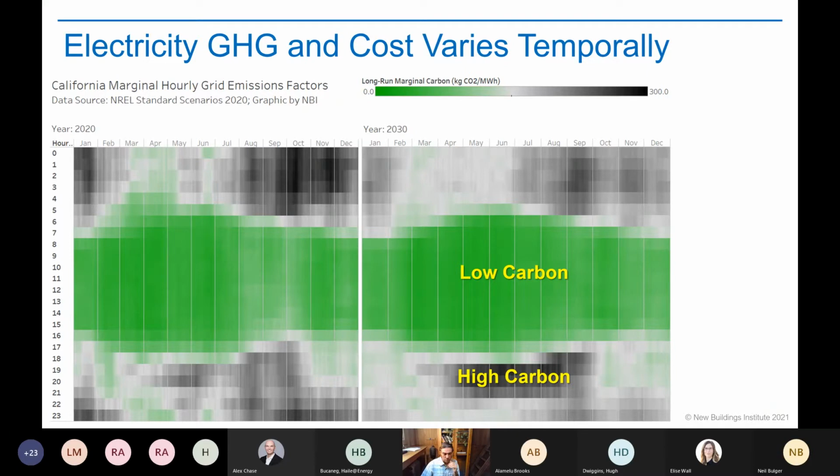I'm just showing 10 years out because there are plenty of both policy and market changes that make this a little hard to predict and be very exact about. In any case, you can basically see the pattern here, right? When there's a lot of solar on the grid in California, that translates to a relatively low grid carbon factor. Once the sun goes down, things get dirtier.